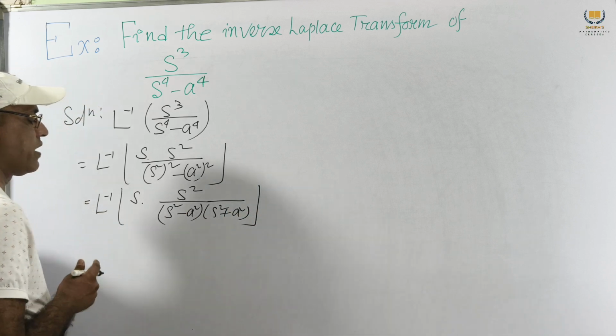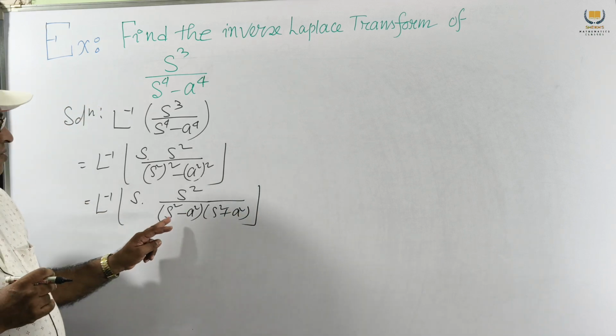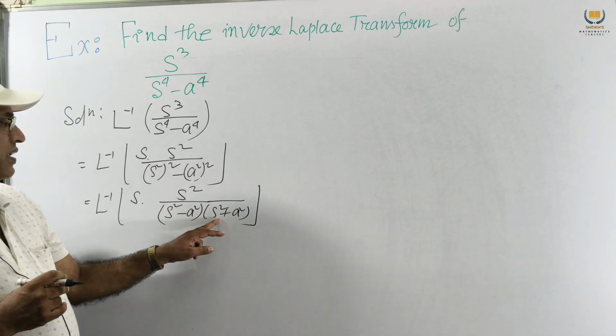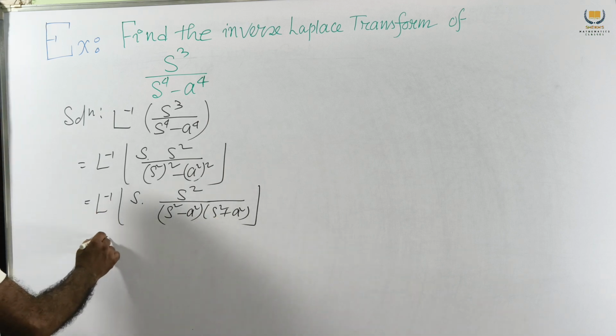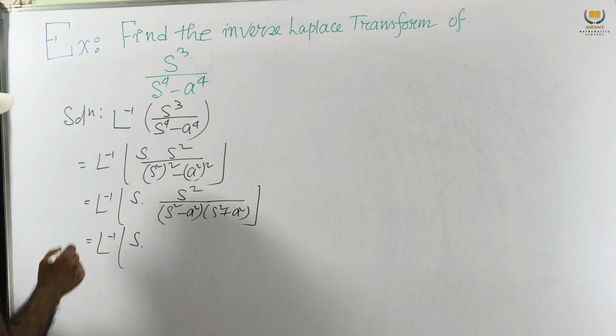We get this. Now the power is s square. If we use one technique, s remains the same.